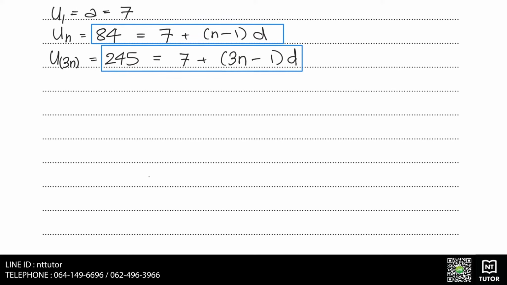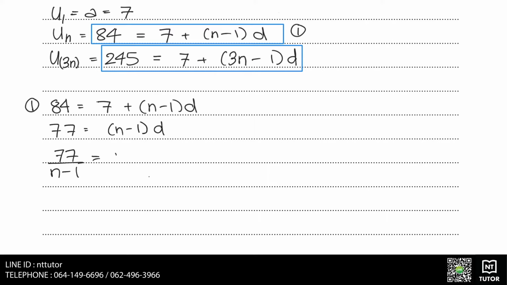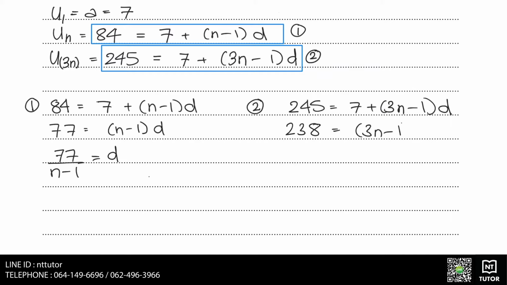There are a few ways that you can solve simultaneous equations. In this question, we are going to make d the subject of the formula for both expressions and then make d equals d, or make them equal to each other, to get rid of the d.